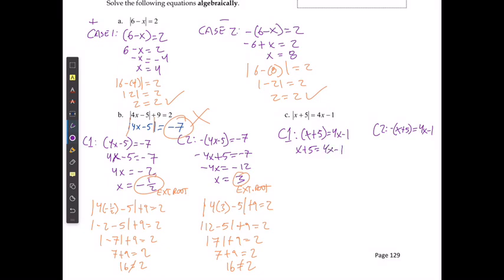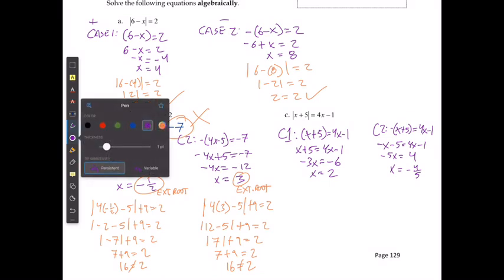Or when I move the x to the left, I have negative 3x is equal to, when I move the 5 to the right, negative 6. And x is going to equal 2. In this case, negative x minus 5 is equal to 4x minus 1, or negative 5x is going to equal positive 4. x is equal to negative 4 over 5.